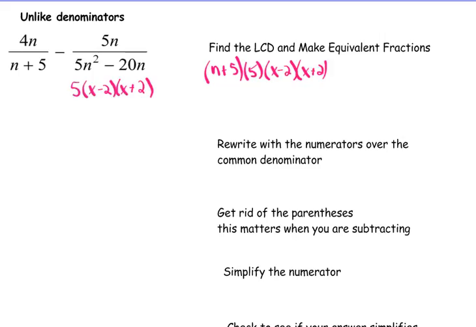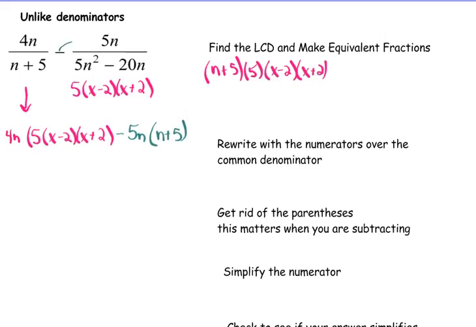The new numerator for this particular problem is going to be 4n times all of this. And the new numerator over here is 5n times n plus 5.